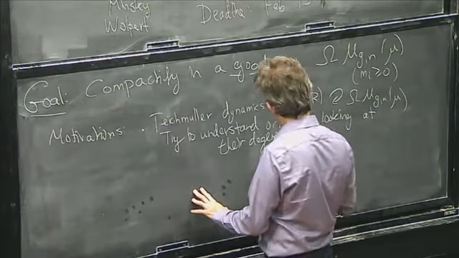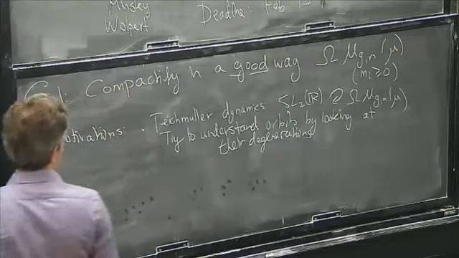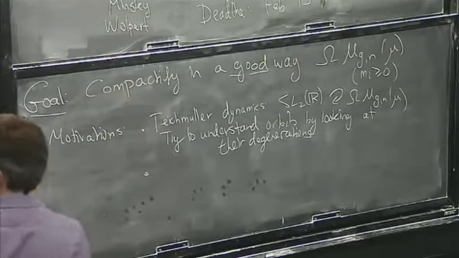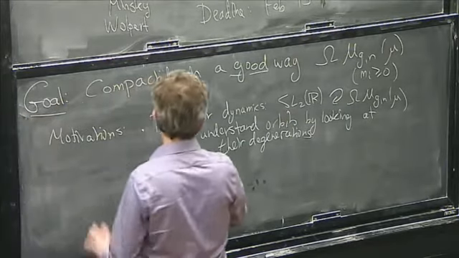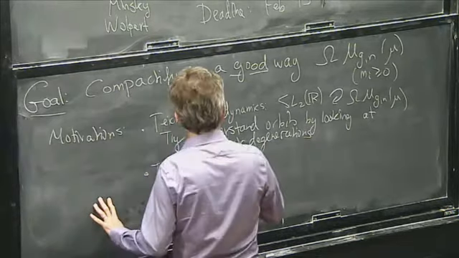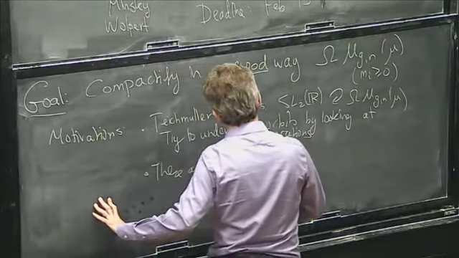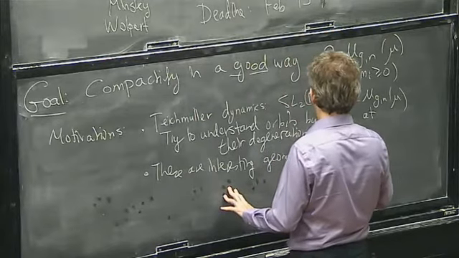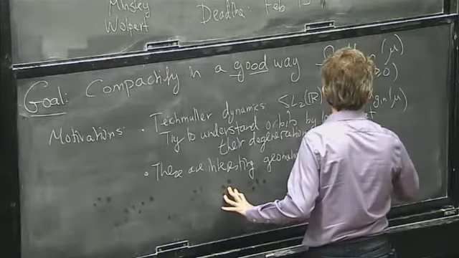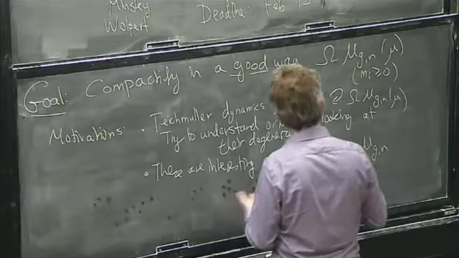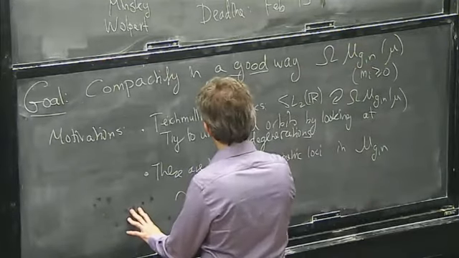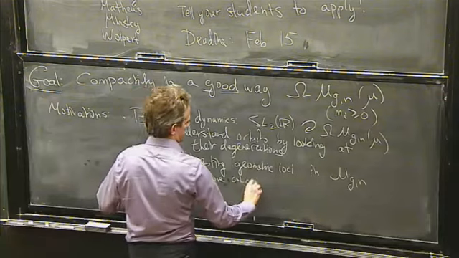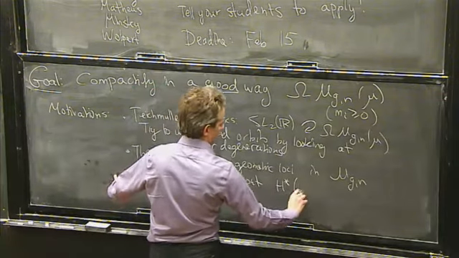Okay, that's one motivation. Another motivation, from the point of view of moduli of curves: these are interesting geometric loci in, well, sort of M_{g,n}, if I forget. And you can try to use them to learn more about the cohomology or the tautological ring of M_{g,n}.